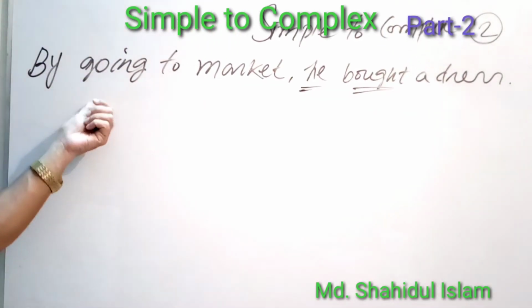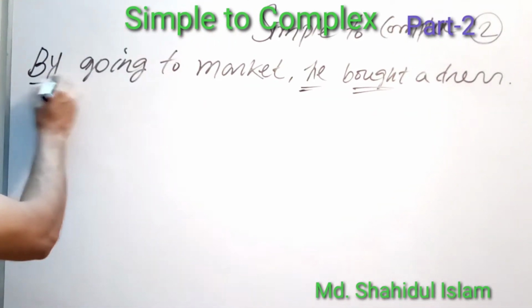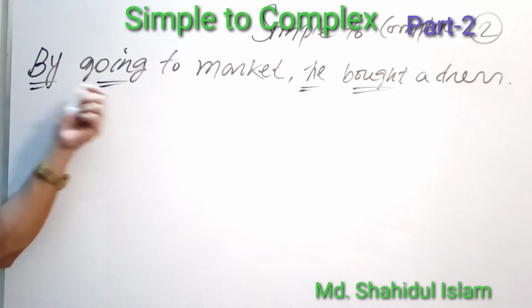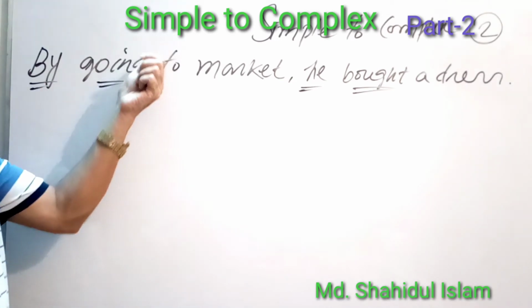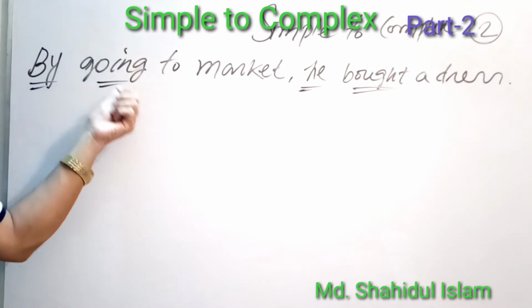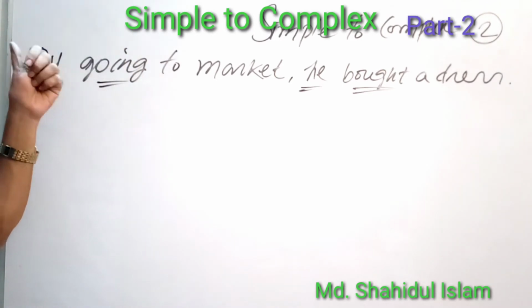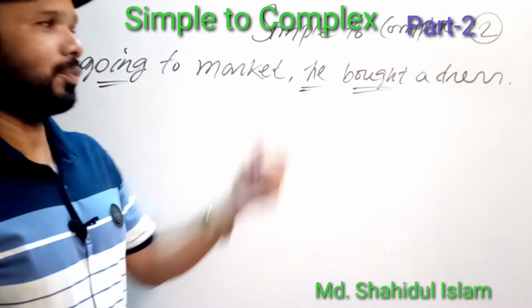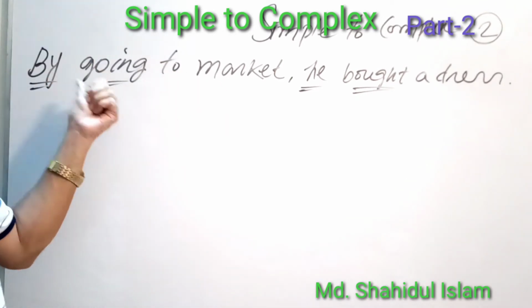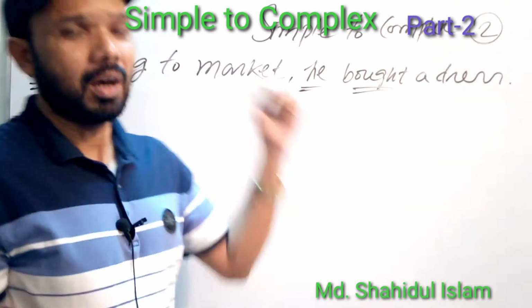But what feature does the sentence have? By plus gerund. That means by plus verb plus ing after the main verb, and it works both as noun and verb. So the sentence starts with by plus gerund. If you find this type of sentence as a simple sentence, you can change it in this way.